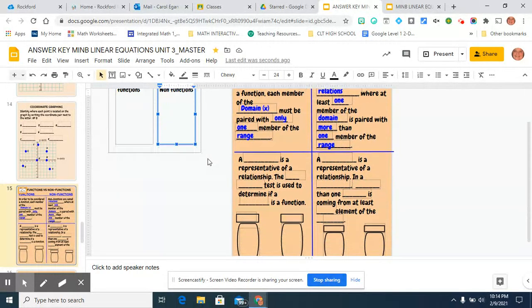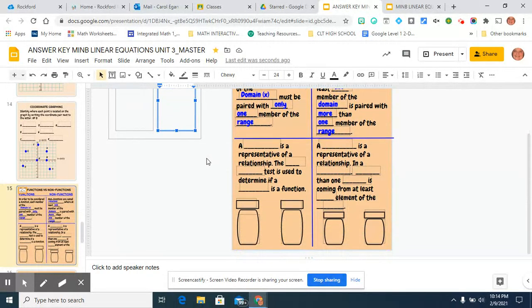Okay? So next we're going to talk about the four ways we often represent these relationships. Of the four ways we represent these relationships, three of them you're probably pretty familiar with.